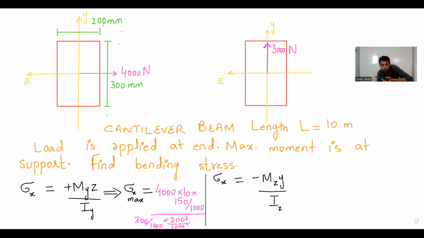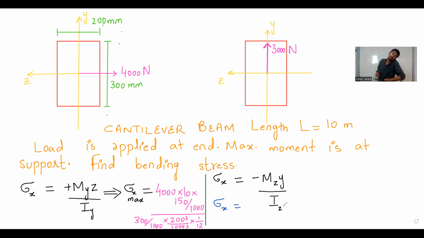This is 1000 power 3, BH cube by 12. So I'm not sure whether I have space here. BH cube divided by 12. This will give you the stress X max. You can calculate yourself. Now for this one, you already know stress X will come out to be.